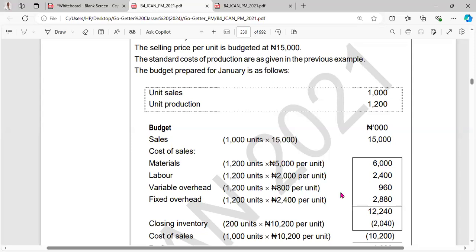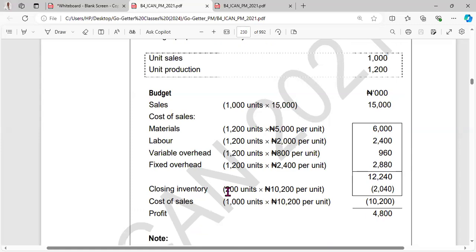But of course, you didn't sell the whole 1,200 units. You sold 1,000. That is why you are minusing that 200 from this one too as a closing stock so that it will become 1,000 units. So how do we get it now? This is the 200 units that is not sold multiplied by 10,200.